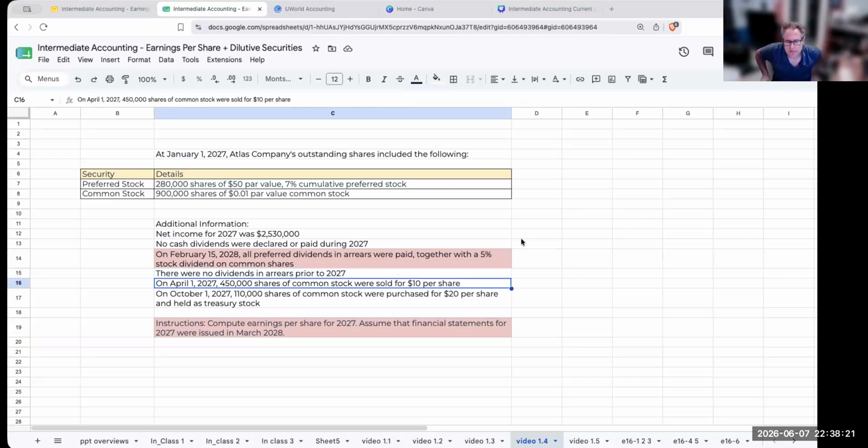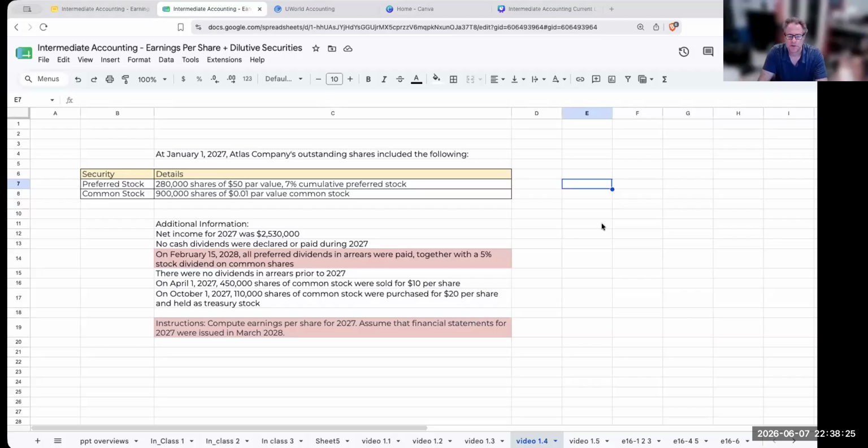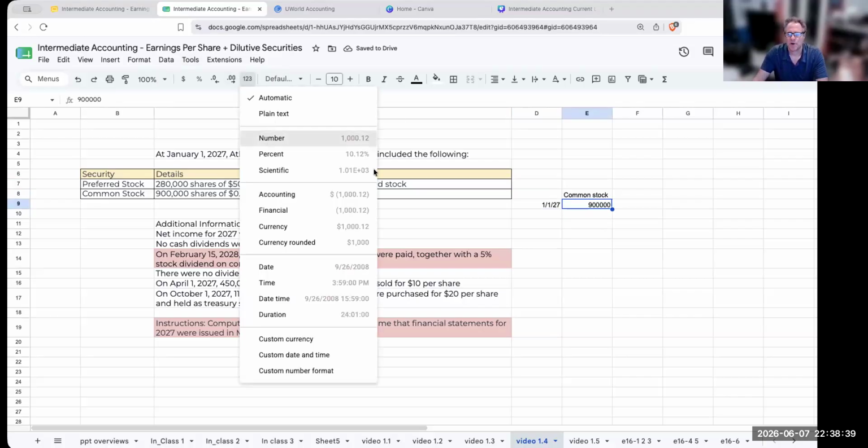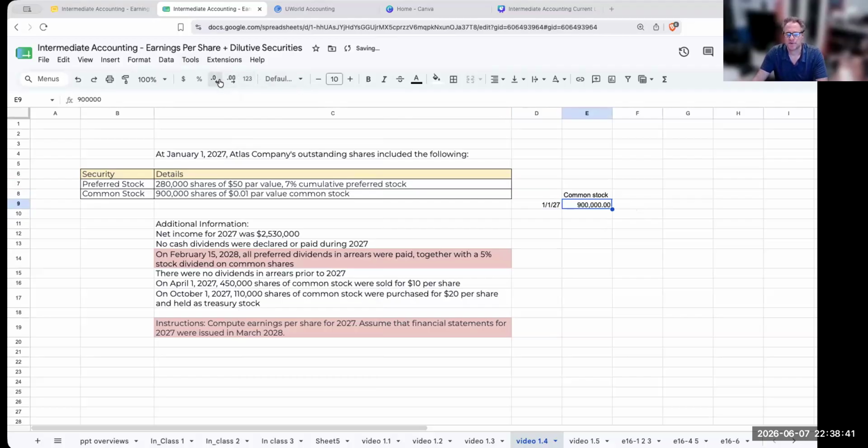Okay, let's do the first thing: the common stock. My beginning balance on 1/1/27 was 900,000 shares. We're not going to worry about adjusting for the stock dividend just yet, but this was outstanding for the full year.